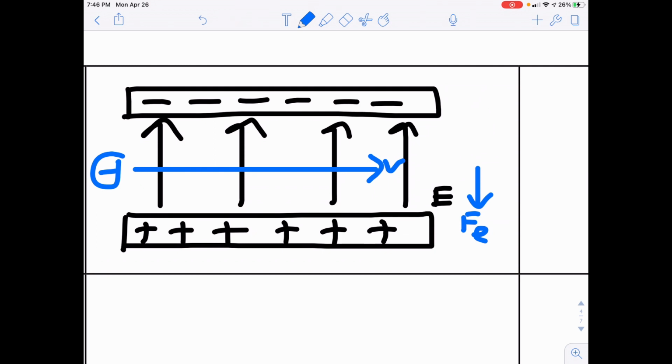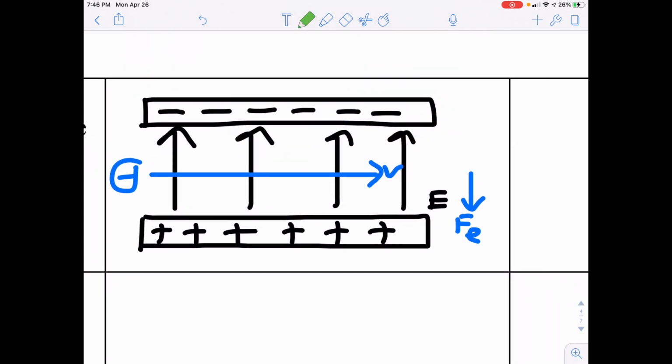So let's say we had, let me just draw this in a different color, a magnetic field going out of the page in the same region that the electric field is directed upward.